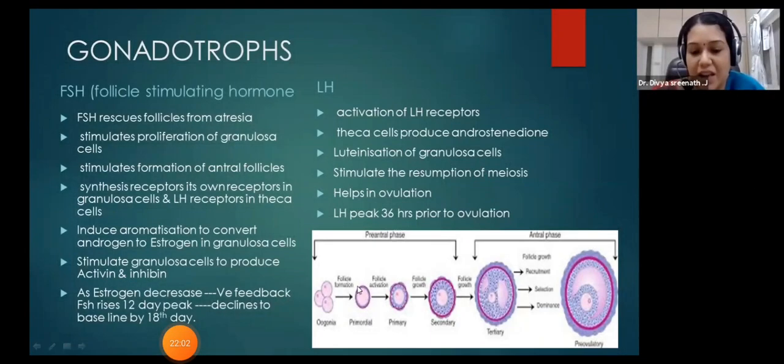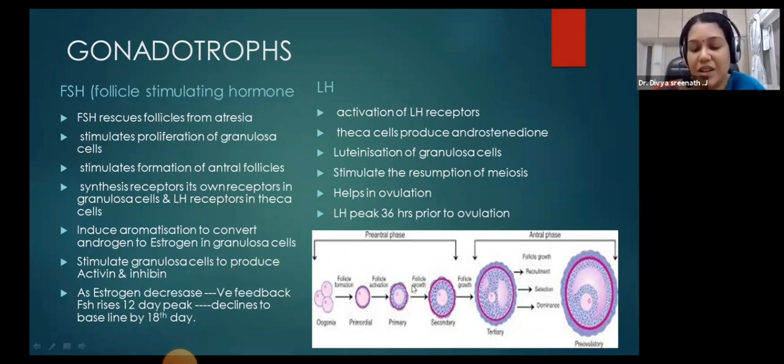You can see there will be an oocyte and a flattened granulosa cell. This is the basic structure: an oocyte with a flattened granulosa cell. As FSH acts, these granulosa cells surrounding the oocyte start to develop and increase in size. When the cells change from flattened to cuboidal, it is known as a primary follicle.